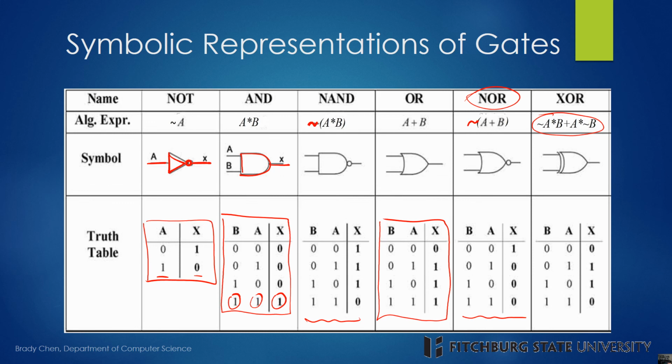Now the exclusive OR gate is kind of strange, because if you look at the table, the output line is based on these 2 input lines. If both input lines have the same value, the output line is 0. And if the input lines have different values, then the output is 1. Okay, so that's the exclusive OR gate.